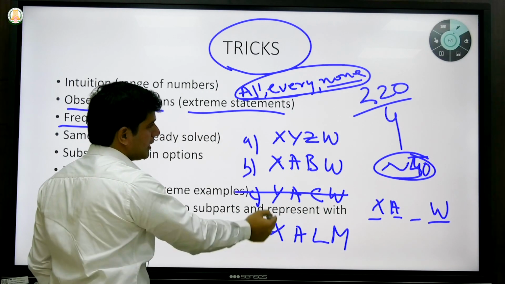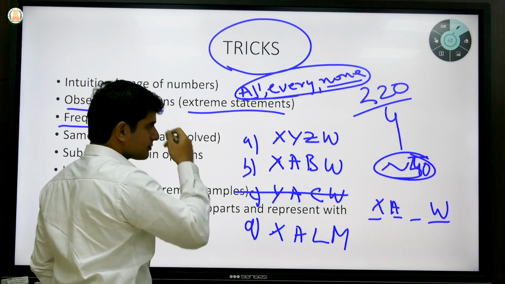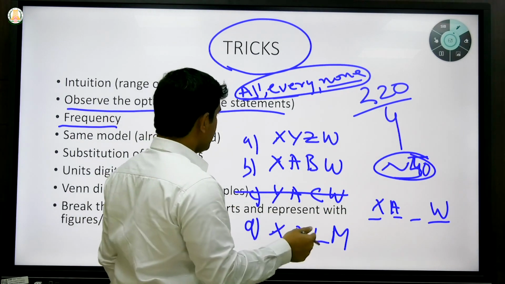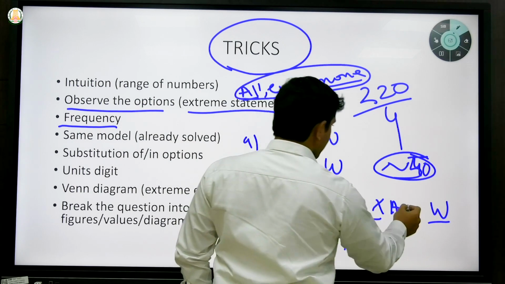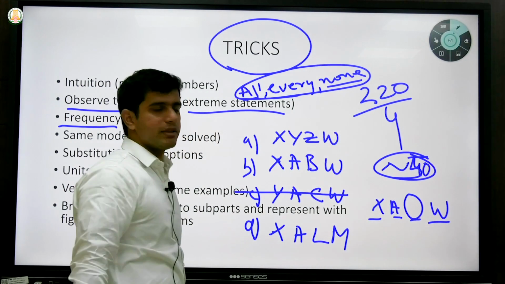In the first position X is repeating thrice, here W is repeating thrice. I don't know what this is because I can see Z, W, C, L, there is no pattern here.